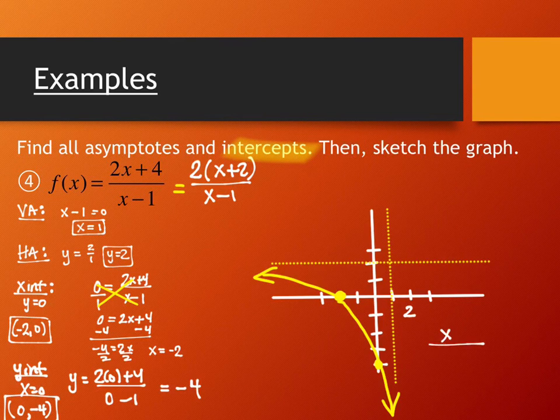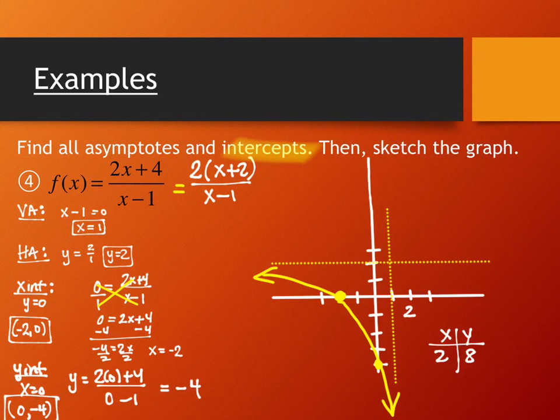So if x is equal to 2, what is y? If we plug 2 in, I have 2 times 2 is 4, plus 4 is 8 on top, divided by 1 on bottom. So I think it's at 8. Does that look right? It's not especially nice because my graph doesn't go that high.